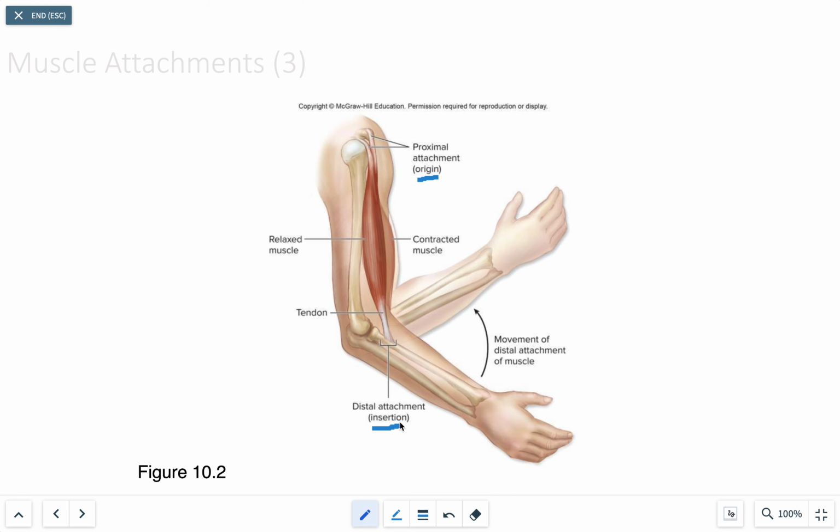For the most part, most skeletal muscles extend between bones and cross at least one mobile joint. So for this example, we have the biceps brachii. The origin is going to be the humeral head and portions of the scapula, and the insertion would be onto the ulna, and then the mobile joint that it is moving across would be the elbow.